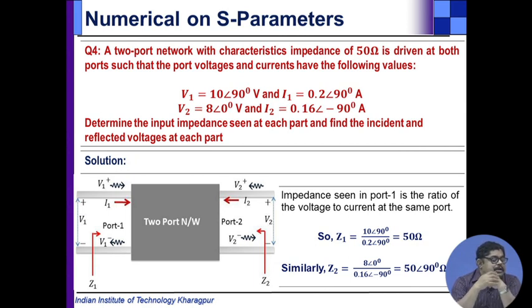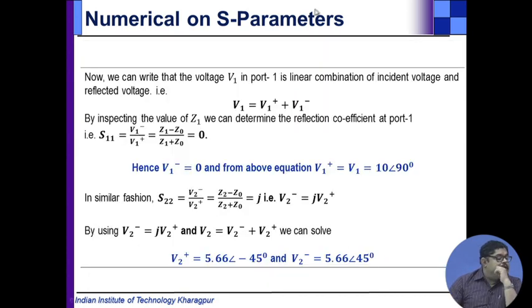So, the impedance seen at port 1, the self impedance, that will be the ratio of voltage to current. So, you can find Z1. Also, if you look from port 2, Z2 will be the self impedance, Z2 will be this. Now, voltage V1 is V1 plus plus V1 minus.